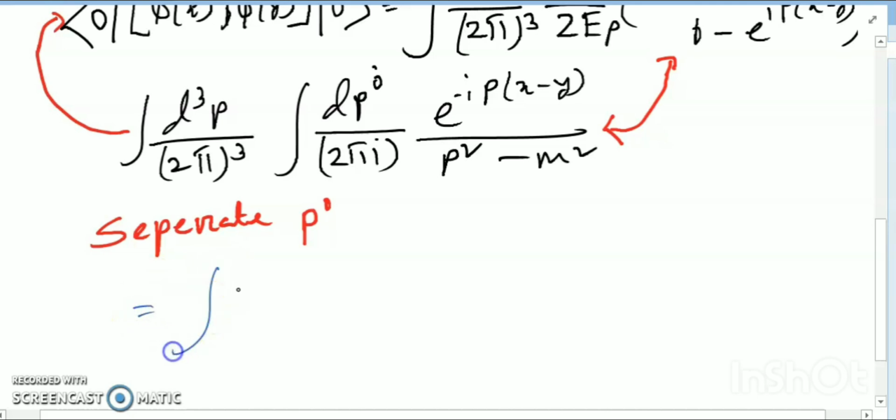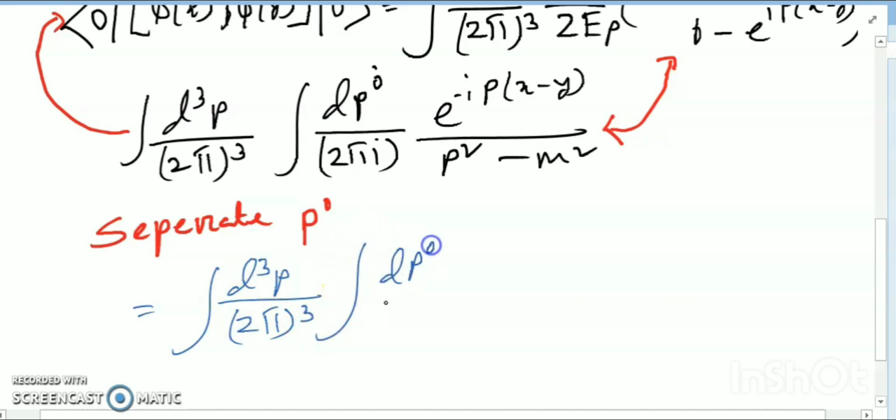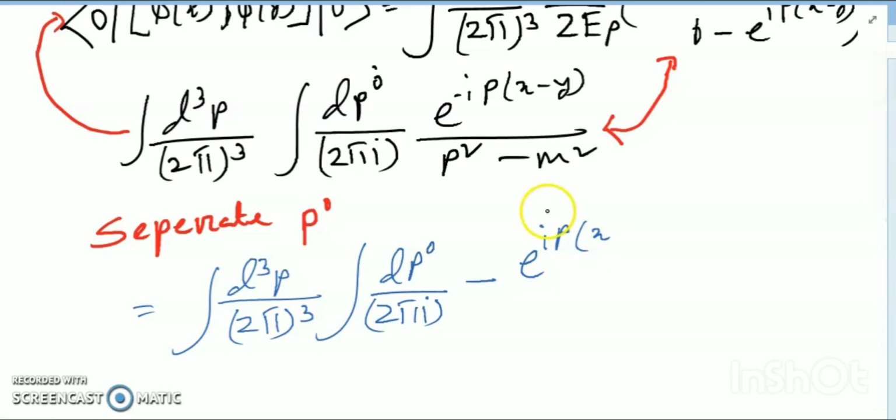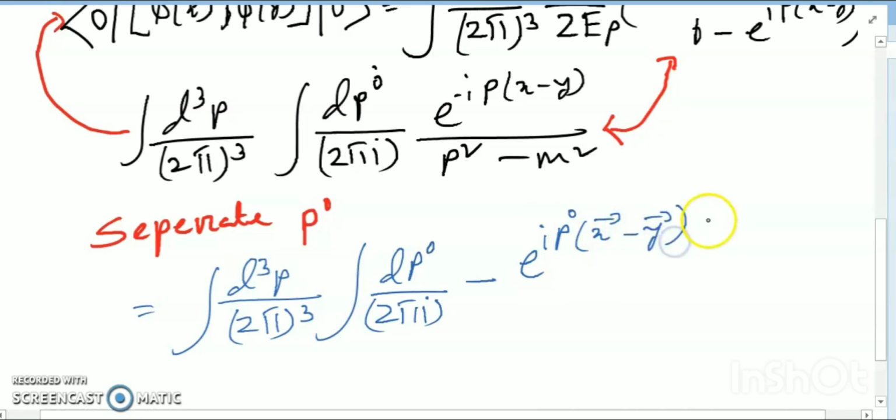So now I can write this way: d cube p divided by 2 pi whole cube, into dp0 divided by 2 pi i, and minus e to the power i p0 x0 minus i p into x minus y.